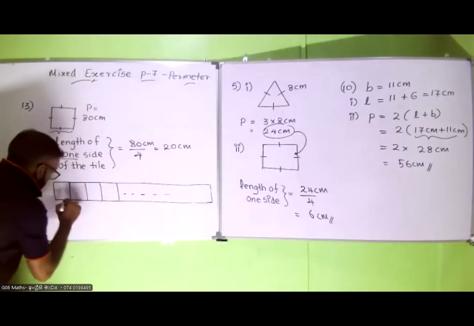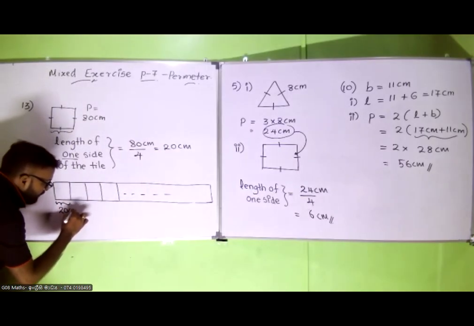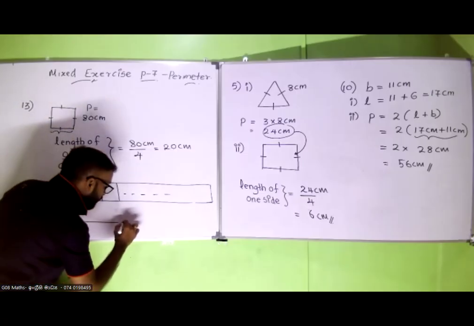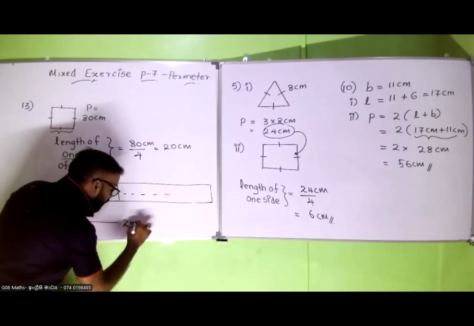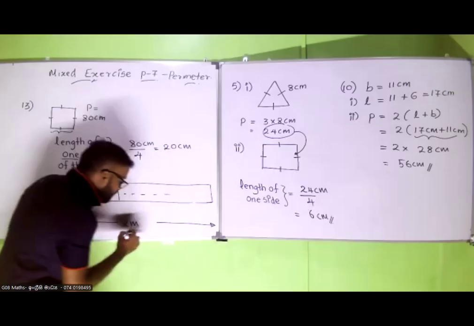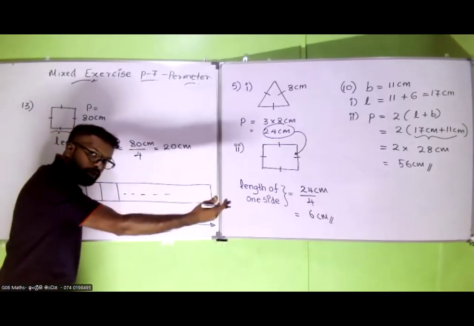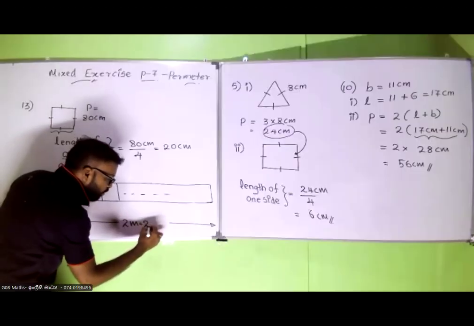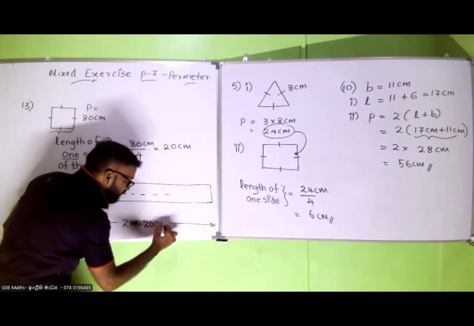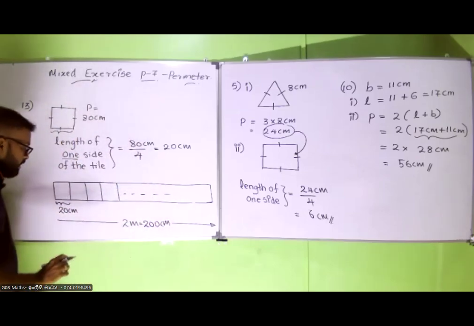And you know the length of the entire wall is 2 meters. If you convert this 2 meters into centimeters, you have to multiply 2 by 100 centimeters. So you will get a 200 centimeter long wall.